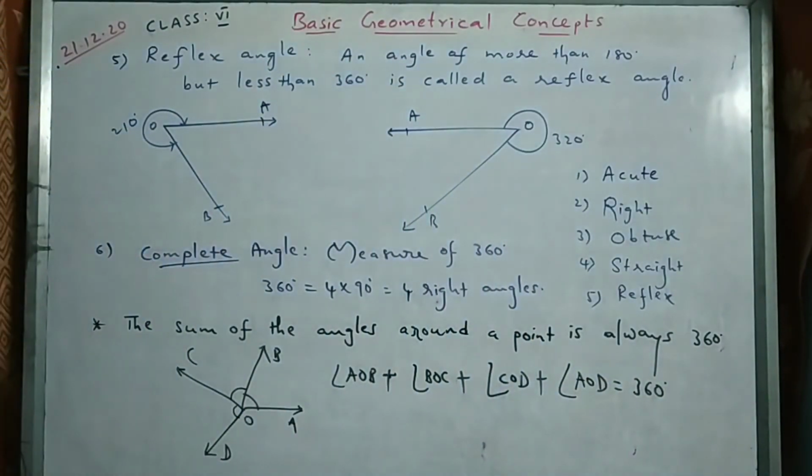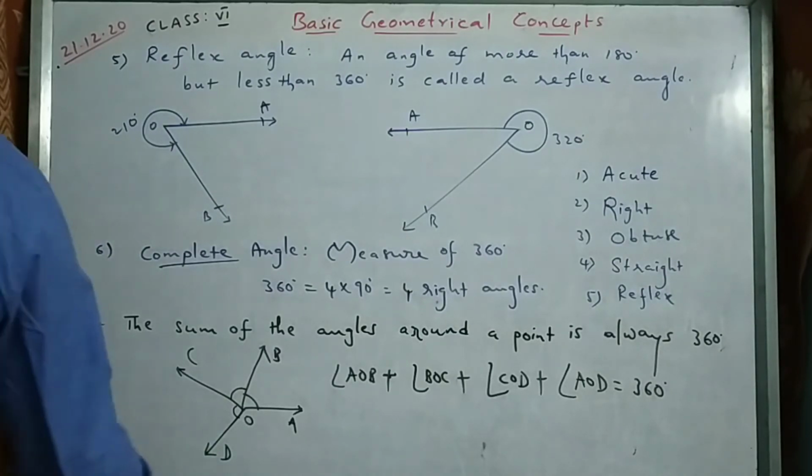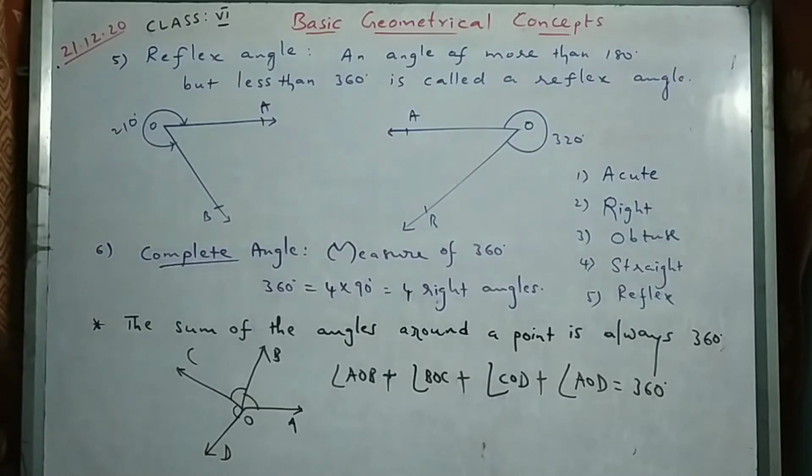The sum of the angles around a point is always 360 degrees. Okay. It's a very important concept. Remember that.